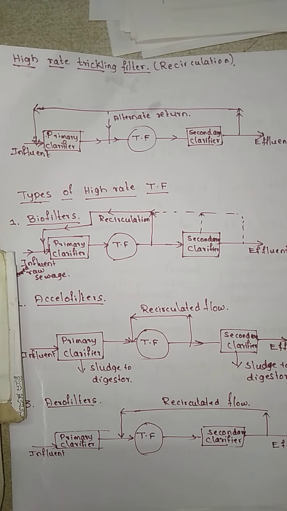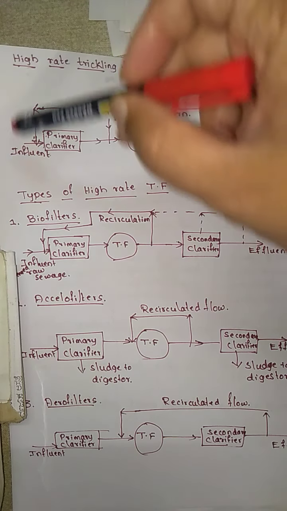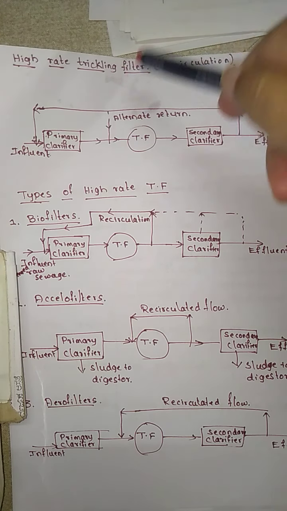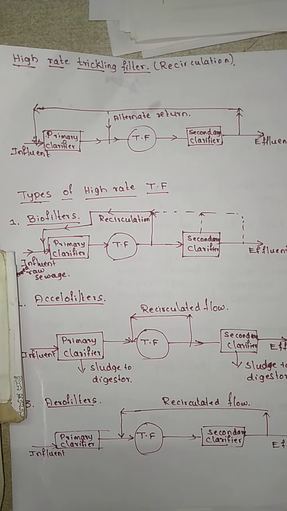But here there will be recirculation, that is, the wastewater will be filtered twice through the trickling filter. That is the main difference between the normal or conventional trickling filter and the high rate trickling filter, where recirculation occurs. That is the reason why the high rate of filtration occurs, and why we call it a high rate trickling filter or recirculating filter.